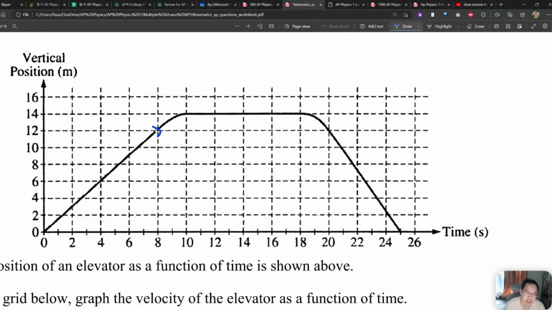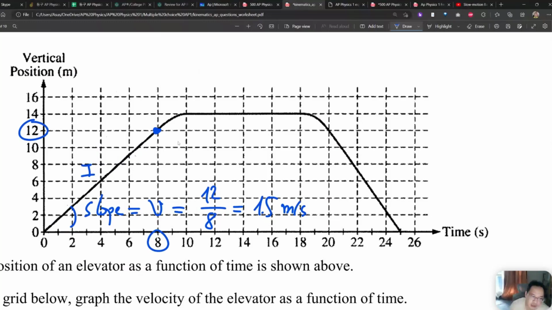It means that the velocity is the slope of this part, calculated by 12 divided by the time 8 seconds. 12 over 8 simplifies to 3 over 4, which is 1.5 meters per second. So that is the constant velocity for the first part.